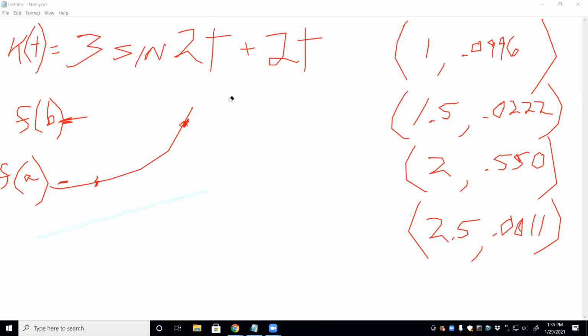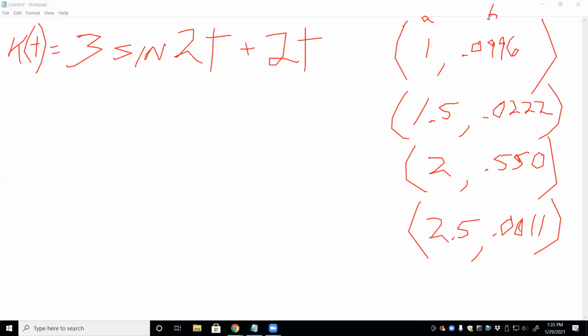So if we look at the first interval, I'm going to call that A and that B in each of these cases, for all the intervals.